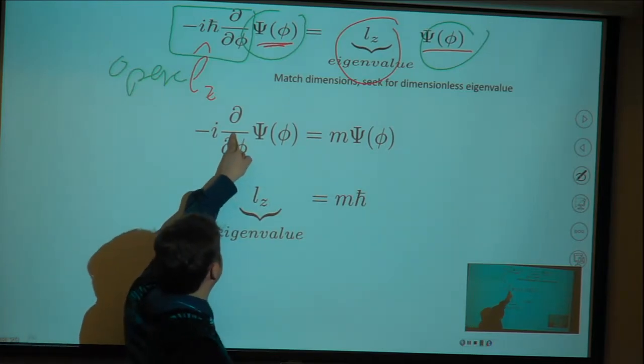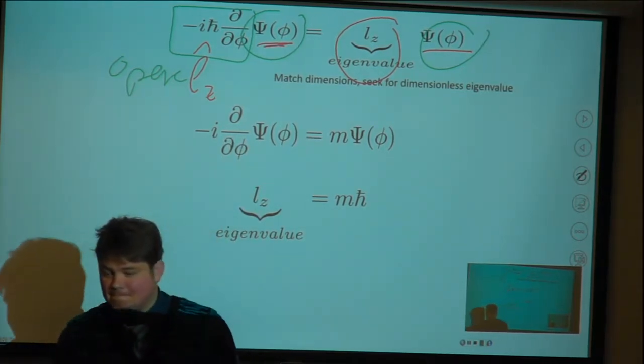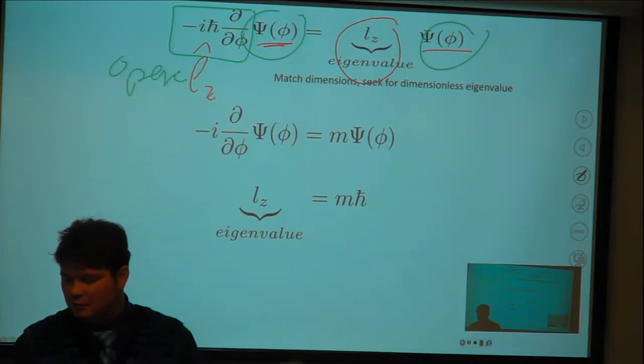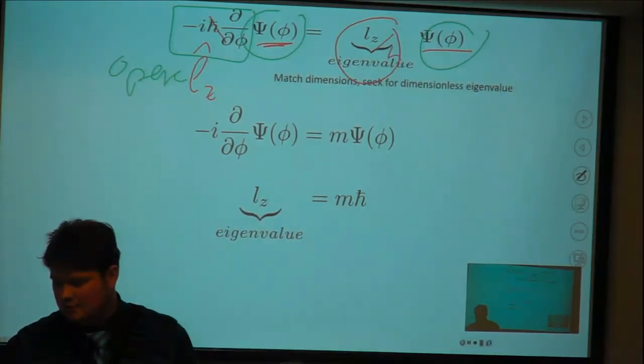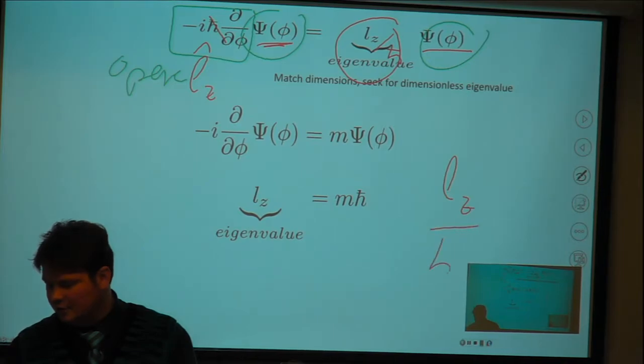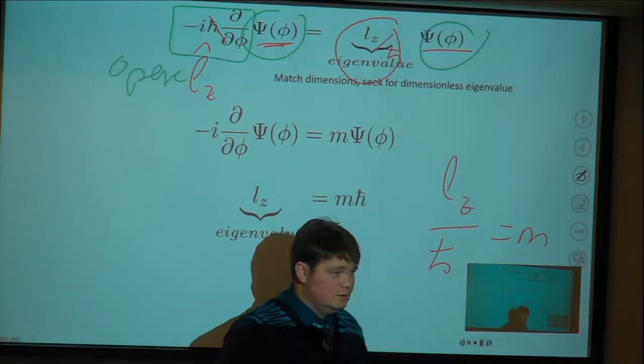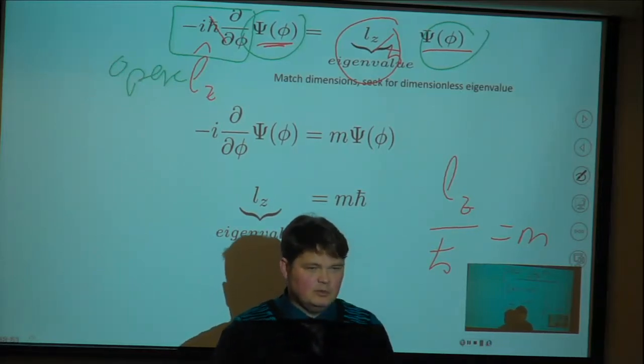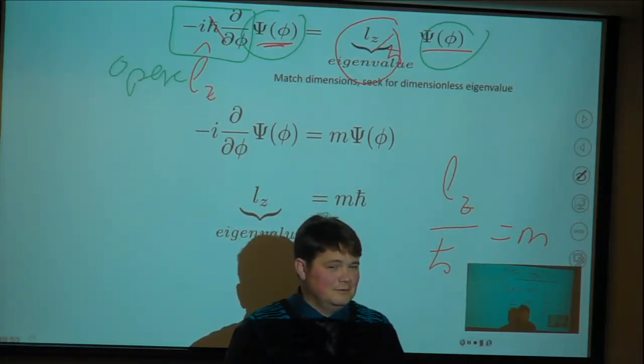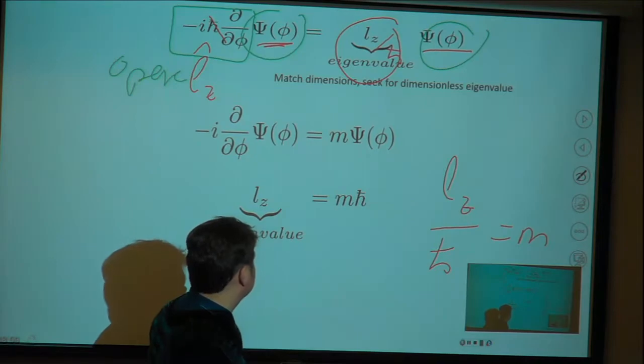What did we do in the next line? We divide both left and right parts by h bar. L_z divided by h bar, and we just call it a new variable m, right? No one can forbid me to act this way. No violation of mathematical rules, just renaming the variables.